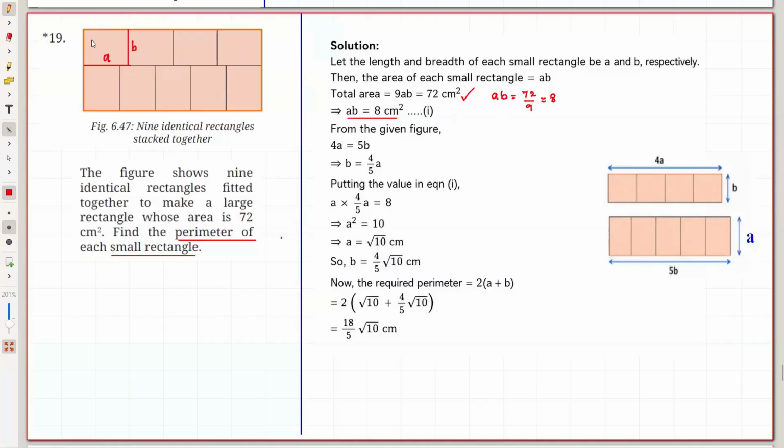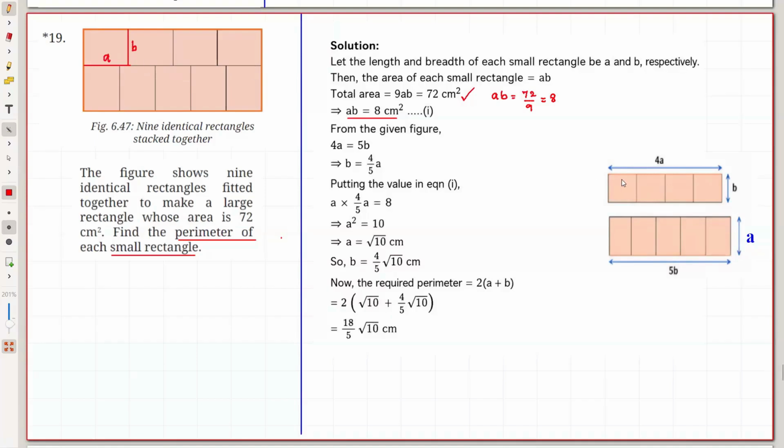That means the area of one rectangle is 8 centimeters square. Now we have to find the perimeter. From the figure, they have arranged the rectangles in different orders. Here, length into breadth; here, breadth into length.